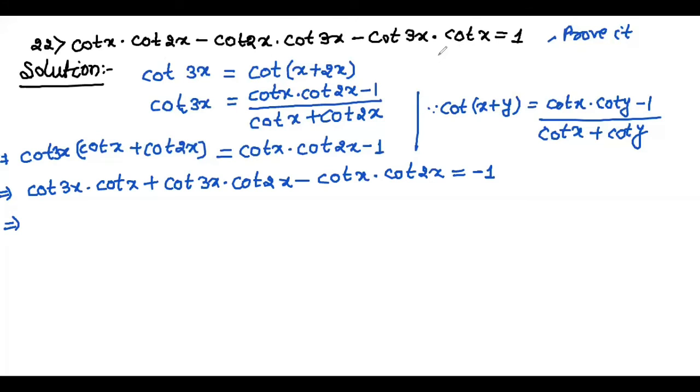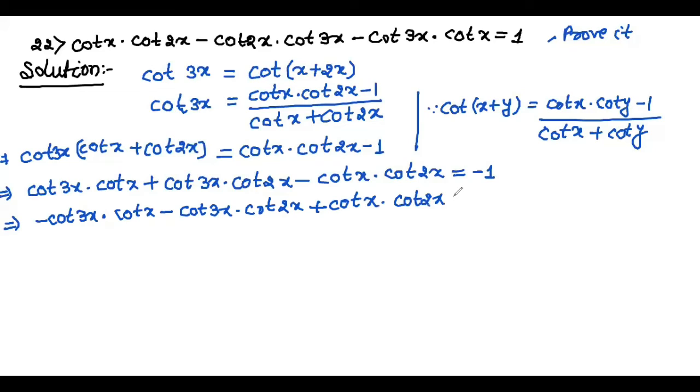So if we multiply both sides by minus 1, here we are getting minus cot 3x into cot x, then minus cot 3x into cot 2x plus cot x into cot 2x, and right hand side will be 1.